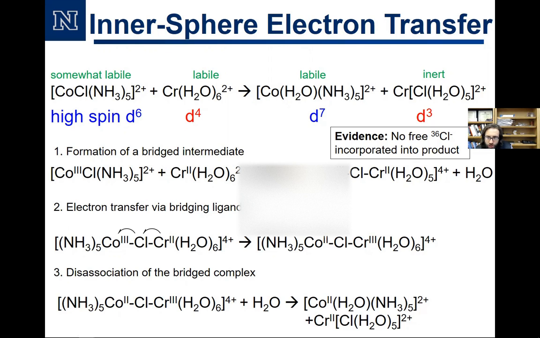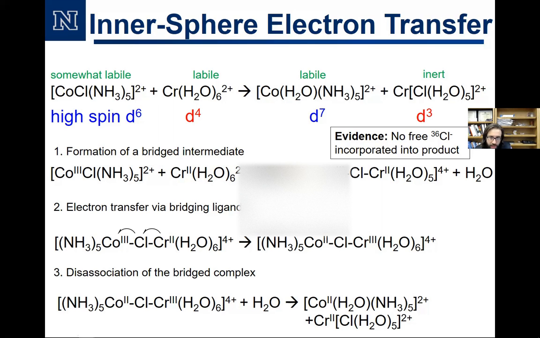So if you use 36 and it's enriched in 36, what that can tell you is, if you put this isotopically labeled chloride in free solution, none of this chlorine-36 will be detected in the product, okay? And you can figure that out using mass spectrometry.